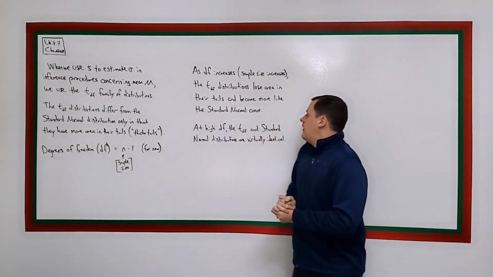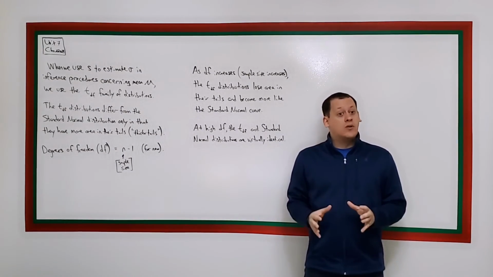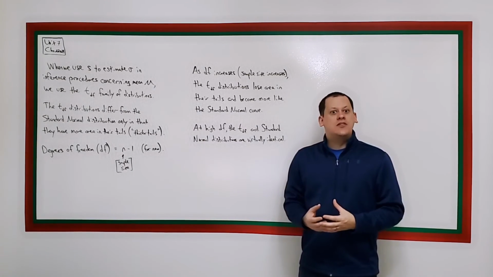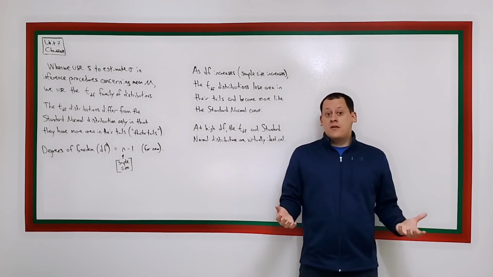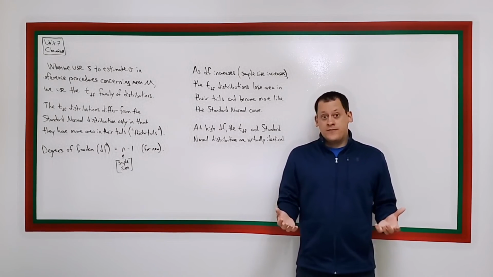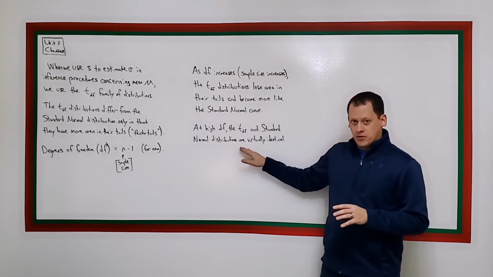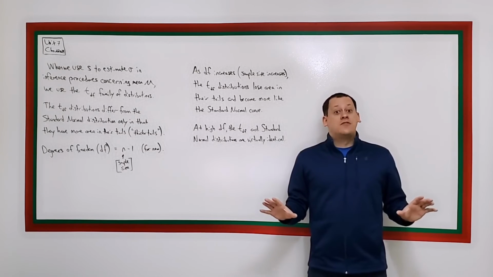They are still different, and the differences are important because we're going to find that the conditions we need to check to use the t distribution are not the same as the ones we use for normal. There are going to be some differences in those conditions. So just because they're very similar doesn't mean they're interchangeable. They will have different conditions.